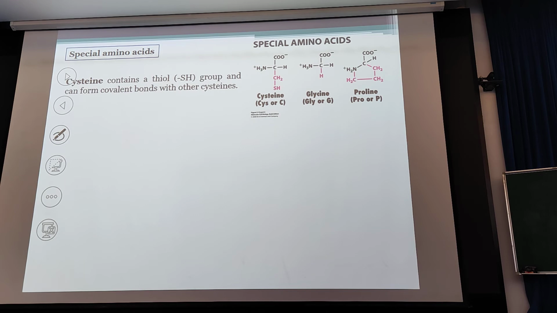The cysteines contain the SH group, and they can form disulfide bonds with other cysteines.